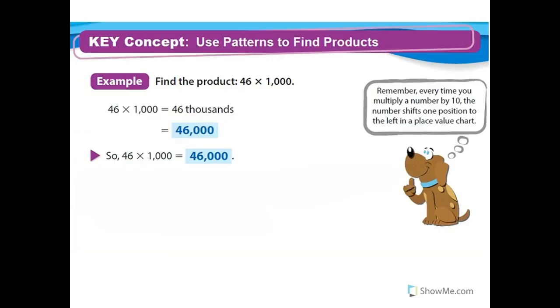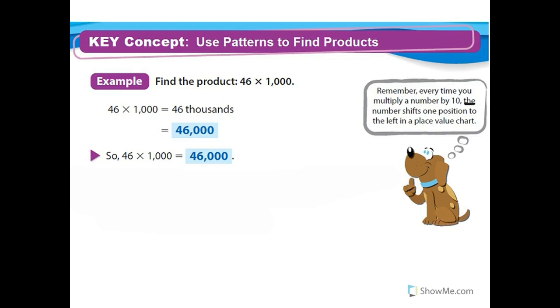All right, so let's look at our key concept, use patterns to find products. In our example, find the product of 46 times 1,000. We do 46 times 1,000 equals 46 thousands. That equals 46,000. So 46 times 1,000 is 46,000. And then our pup over here says, remember, every time you multiply a number by 10, the number shifts one position to the left in a place value chart.